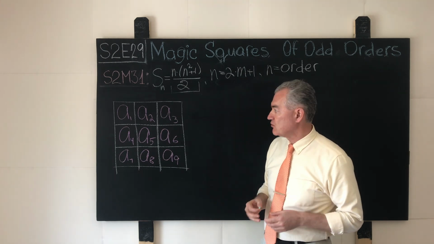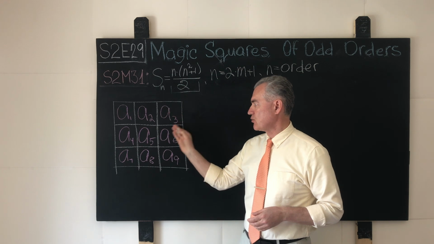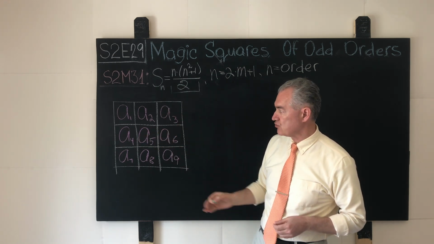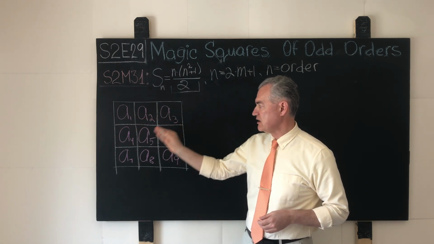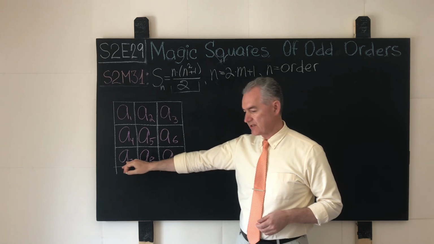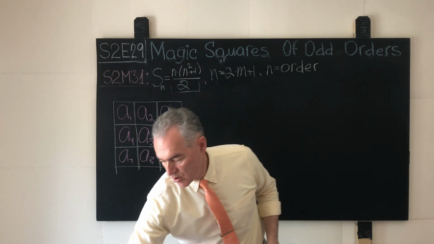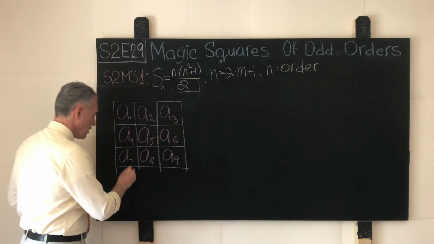To that end, we number the entries in our 3 by 3 magic square as shown to the left on your screen: A1, A2, A3, A4, A5, A6, and so on. This is number 7, just to be sure. And here is one way to do it.